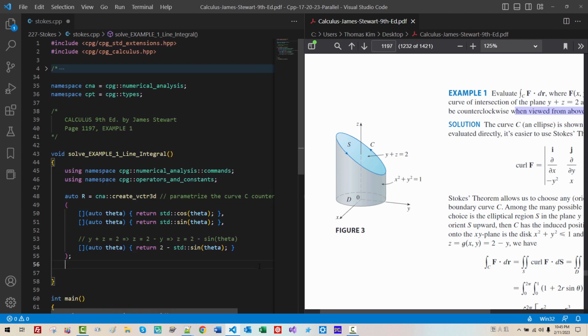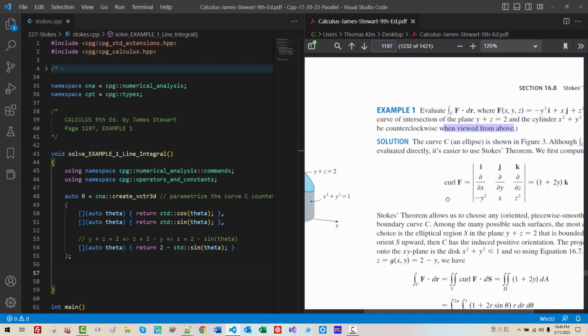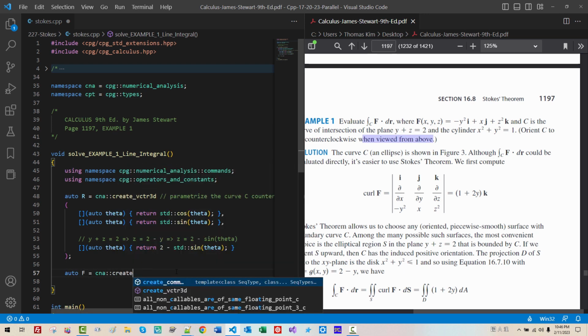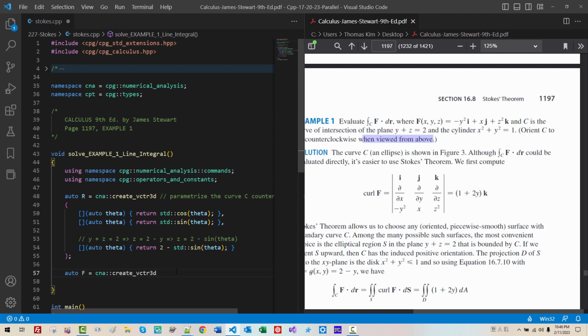counterclockwise. Now we define vector F equals negative y squared i plus x j plus z squared k. F, CNA create vector 3D, semicolon.